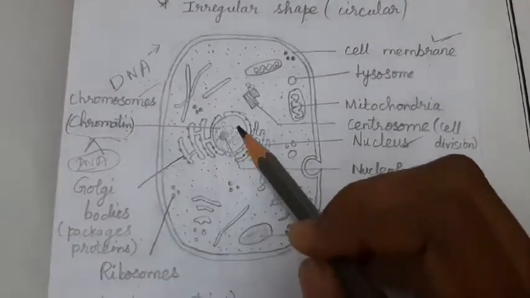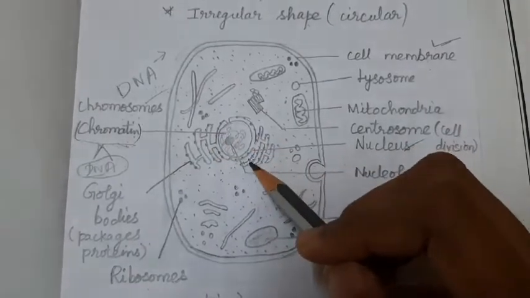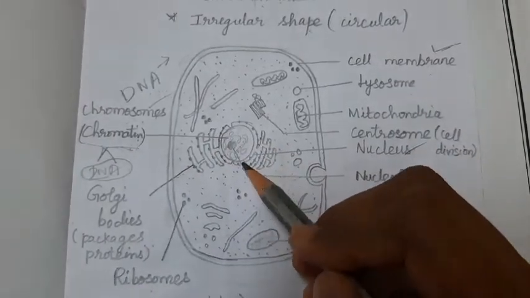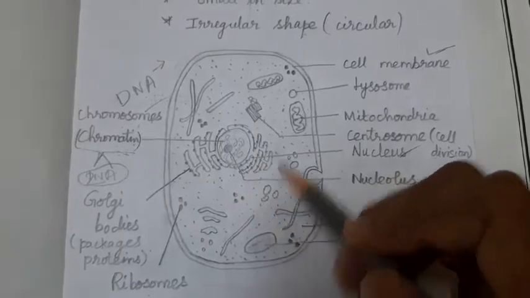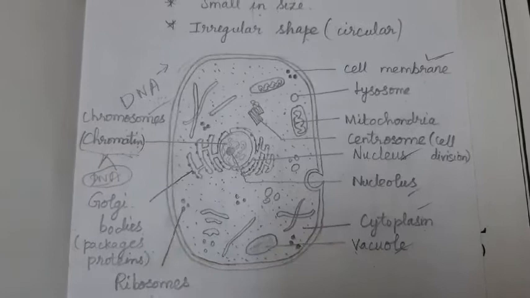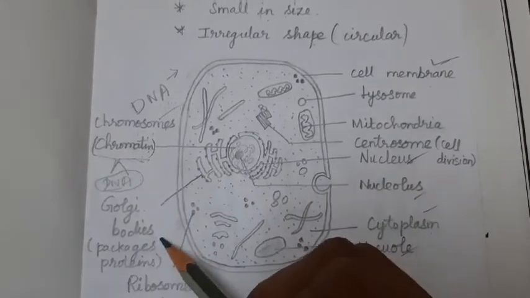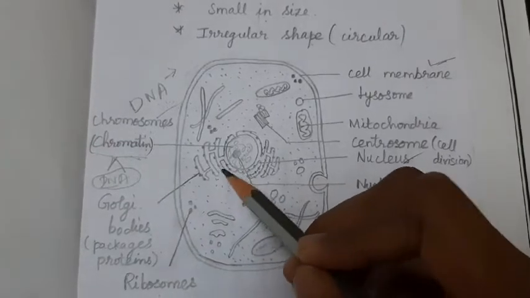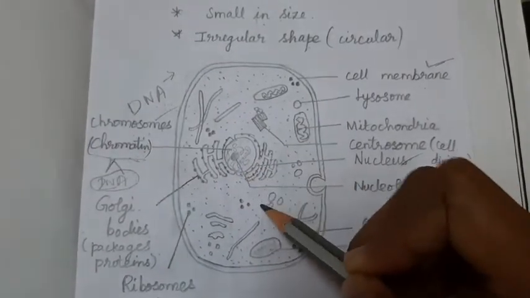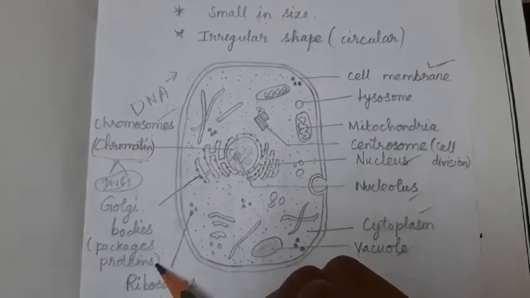The next one is an organelle present around the nucleus and in other parts of the cell. That is the Golgi bodies, Golgi apparatus. We usually say it as Golgi bodies. The presence of Golgi bodies around the nucleus and inside the cell is to pack the proteins prepared.